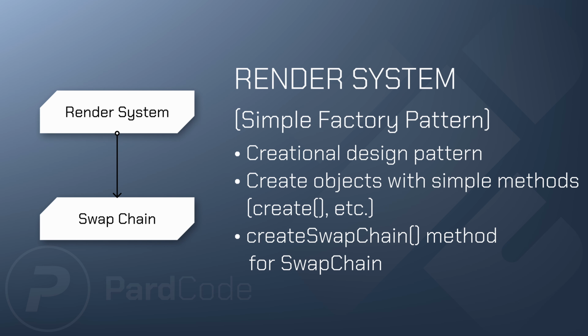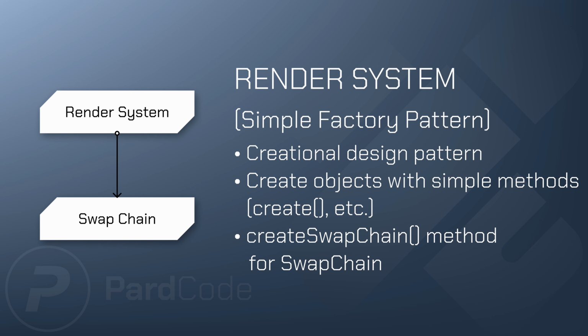Since the render system is the software component responsible for managing the graphics API and handling its resources, we will give it the role of creating the swap chain. To allow the render system to create not only the swap chain, but also other future graphics resources provided by the graphics API, we will make use of the factory design pattern.